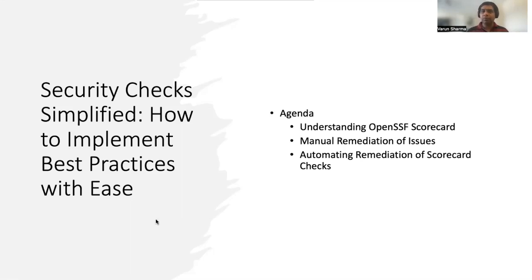And then we are going to look at some strategies and techniques to automate these fixes and see how that makes it easier to get a higher score. Throughout this presentation, we'll use a demo repository where we'll start off with a low score and then use automation to fix the checks, to implement the checks and get a higher score by the end of the talk.